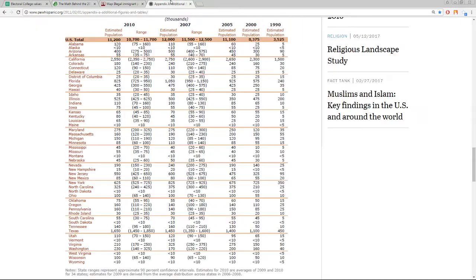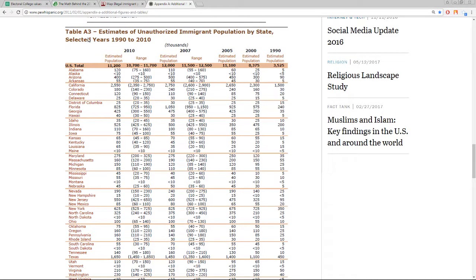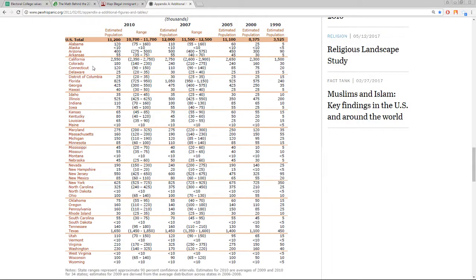So you click this link, and if you go to the appendix, you'll look for table A3, and I'll be putting all these links in the description. If you look at the 2010 estimated population, it's in the thousands, and that's where you'll find the number of illegal immigrants by state.